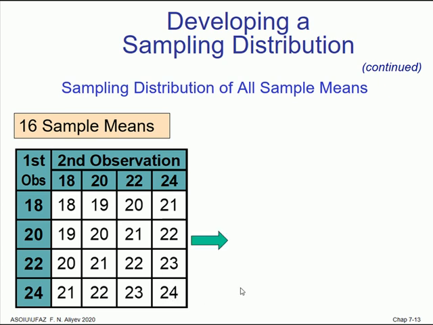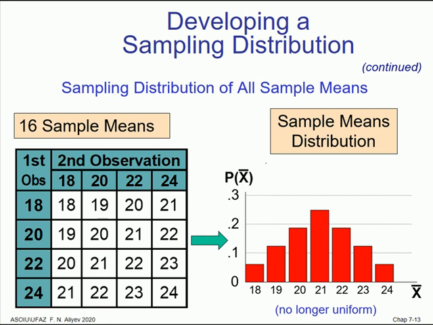We draw the graph. On the horizontal axis, we will show the sample means 18, 19, 20, 21, 22, 23 and 24. And on the vertical axis, we will show, as always, the probability, in order to make the probability distribution.